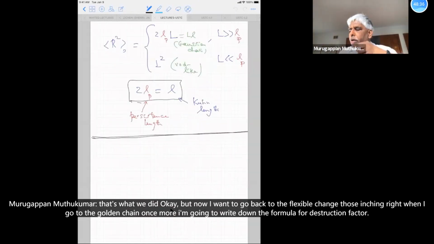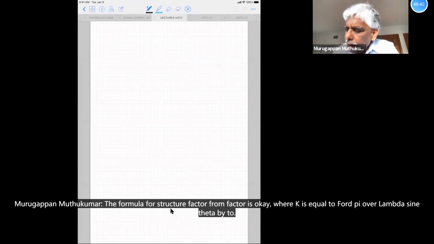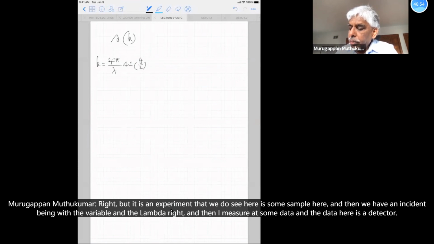When I go back to the Gaussian chain, once more, I'm going to write down the formula for the structure factor, the form factor, S of K, where K is equal to 4 pi over lambda sine theta over 2. So this is an experiment that we do. Here is some sample, and we have an incident beam with a wavelength lambda. I measure at some scattering angle theta.